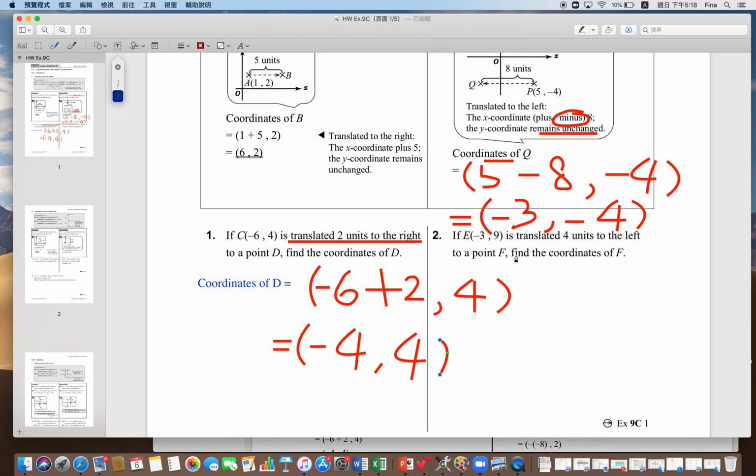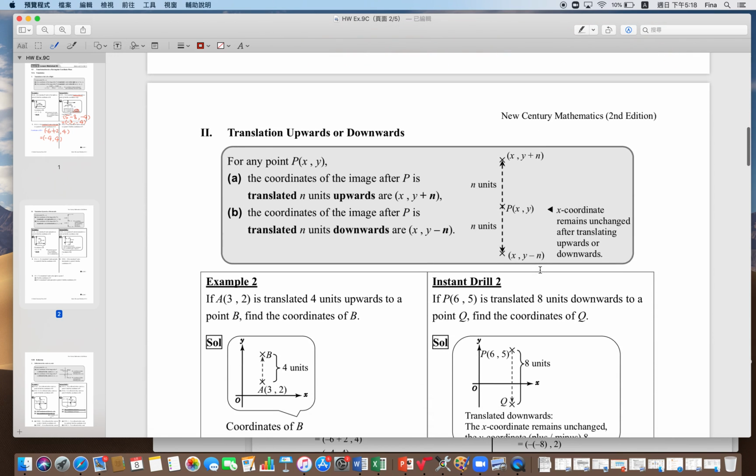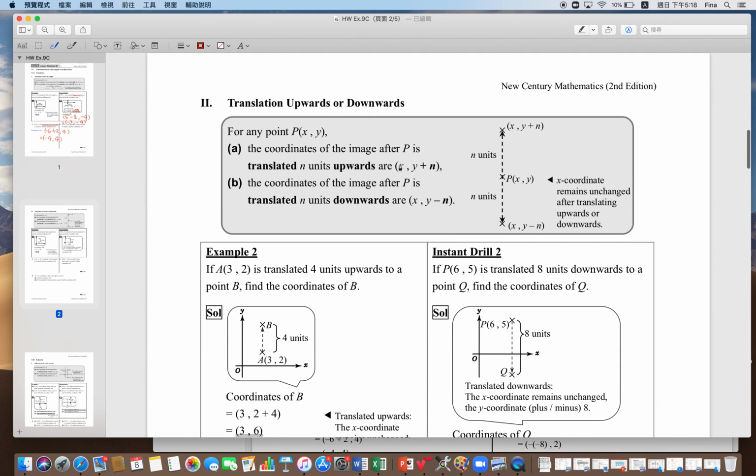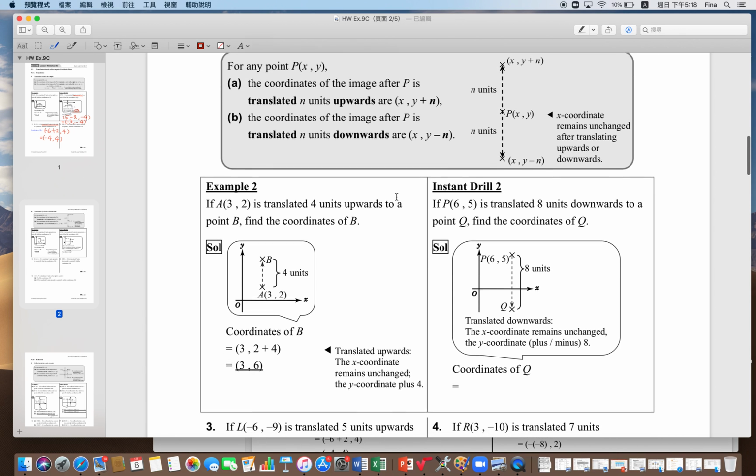And then try to finish question 2 as well. And also for this part, I mean translating upwards or downwards, the same idea, but for upward and downward, remember, just need to change the y coordinate and keep the x coordinate unchanged.